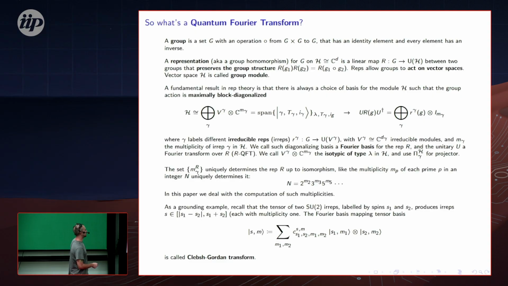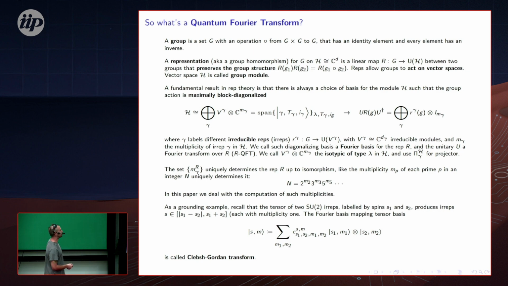to another basis called the coupled basis, labeled by S and M. There are Clebsch-Gordan coefficients that map between one and the other, and this transform is called the Clebsch-Gordan transform, but in my notation it is just a Fourier transform. It's a Fourier transform that block diagonalizes the tensor rep of two spins, okay?